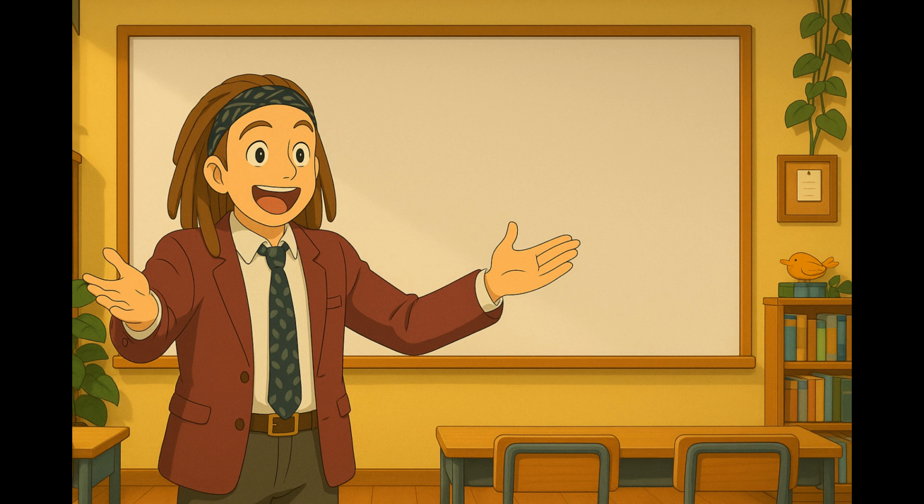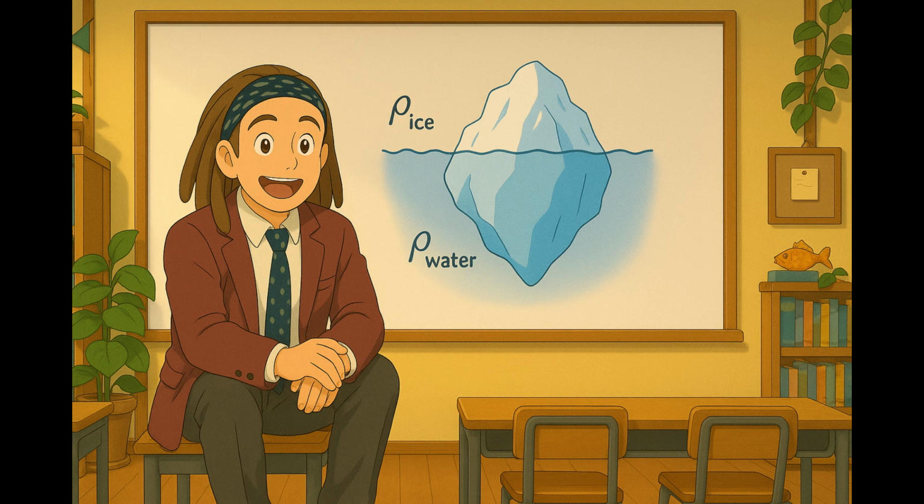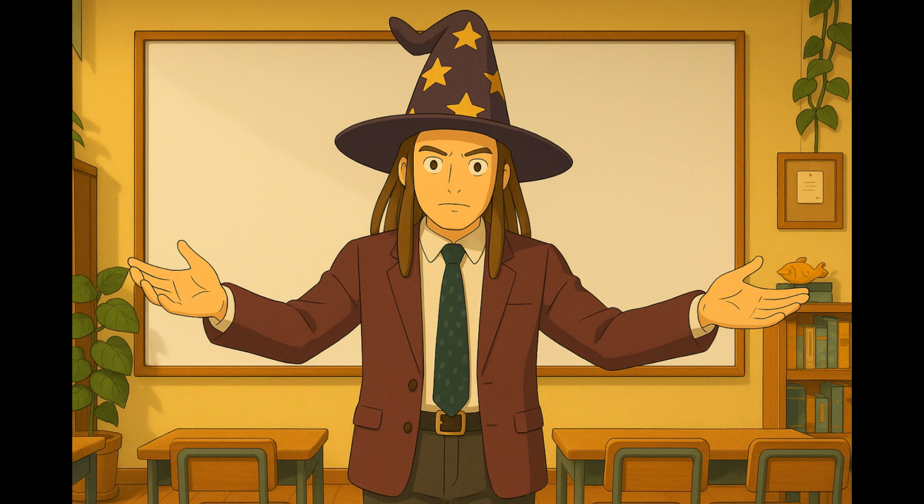We also need the density of salt water, rho salt water. This can vary, but a common average is 1,025 kilograms per cubic meter. Let V submerged be the volume of ice that's under the water, and V visible be the volume we can see.